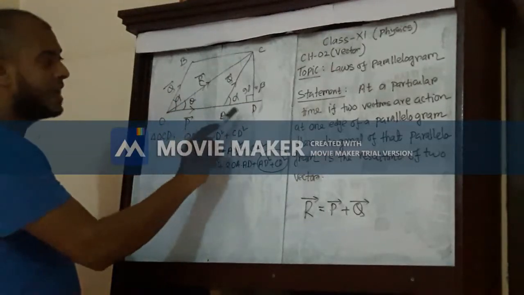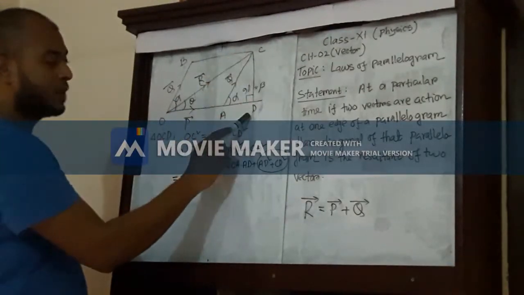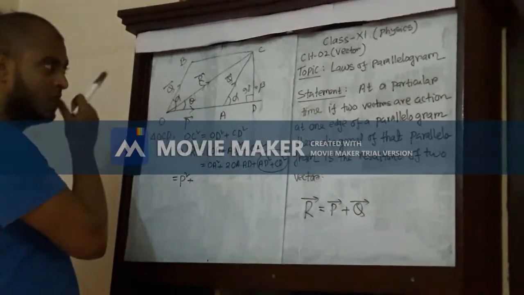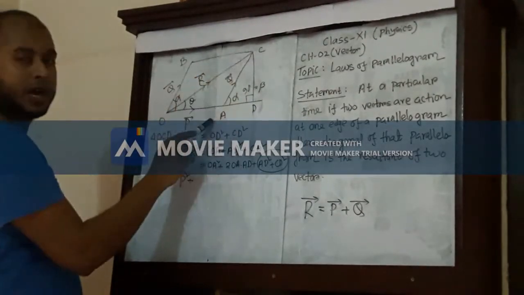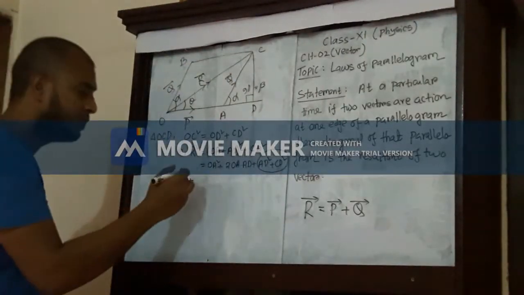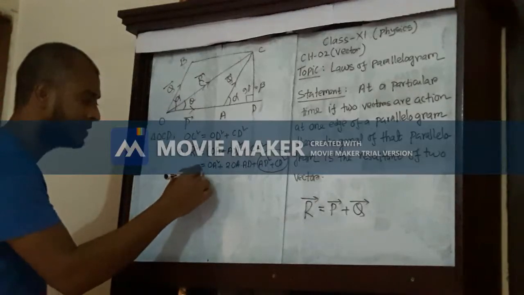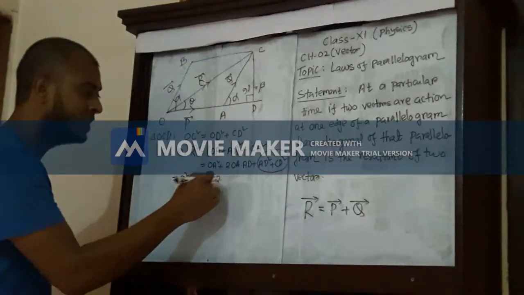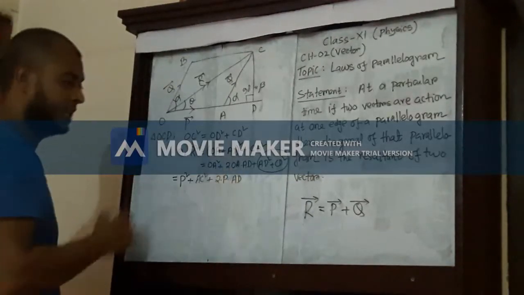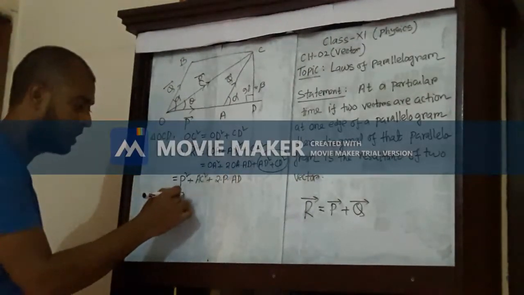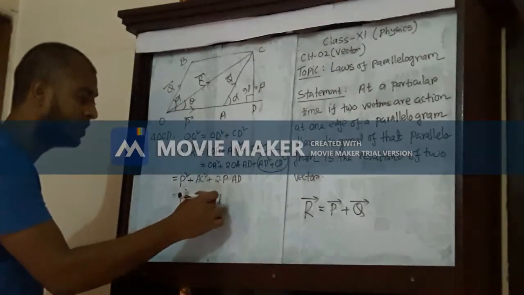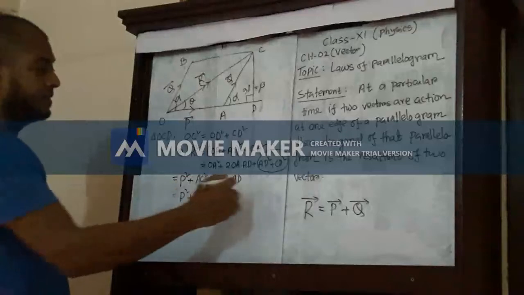So this is replaced by Q square plus 2 into OA, that is P, into AD. Now I can write P square plus Q square plus 2P into AD.